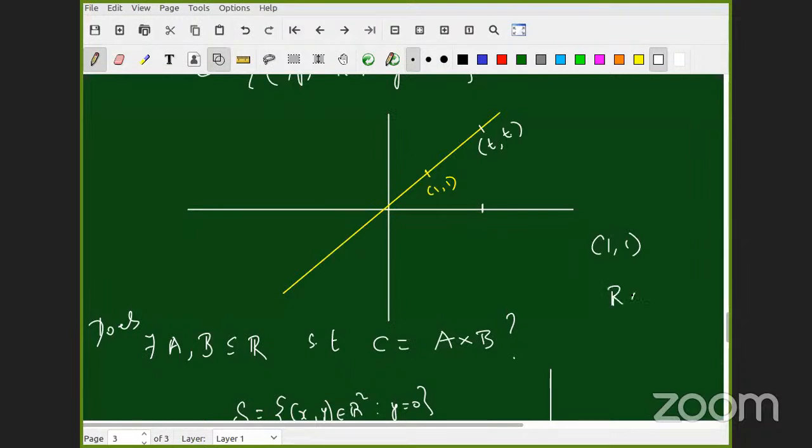Therefore A has to be R, B has to be R. Therefore, R cross R. I am saying this set C, or line, whatever, this line C would be the entire R2. That's not okay, correct, right? It is not equal to R2. There are a lot of points which are not in this set. Outside this line, they don't belong to this. So what is, therefore, the answer? Have you understood?